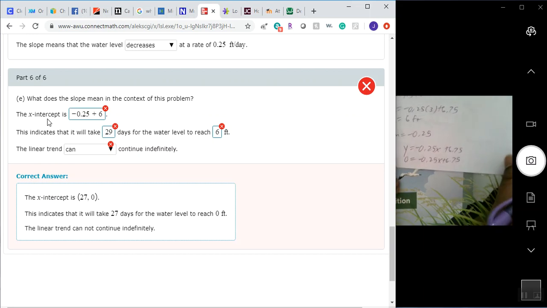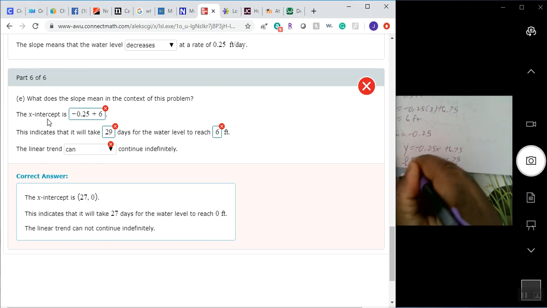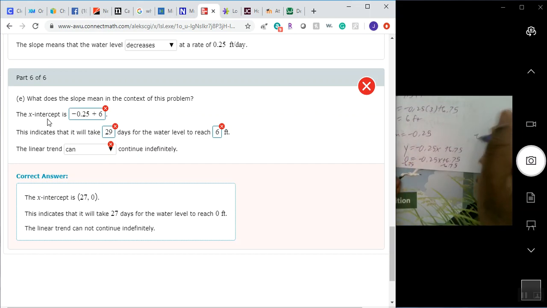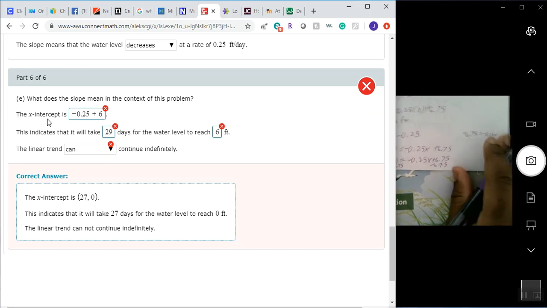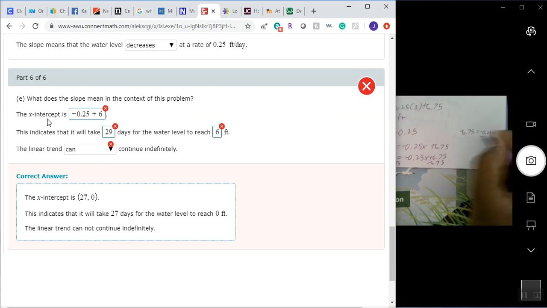This means we subtract 6.75 on both sides. So we have negative 6.75 equals negative 0.25x. We divide each side by negative 0.25. Then x is equal to, now we know this is going to be positive.